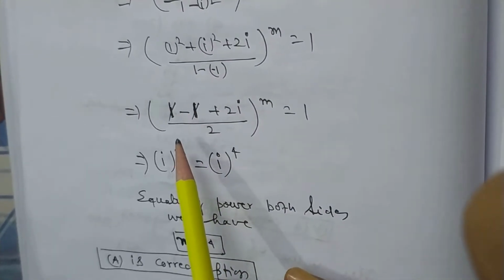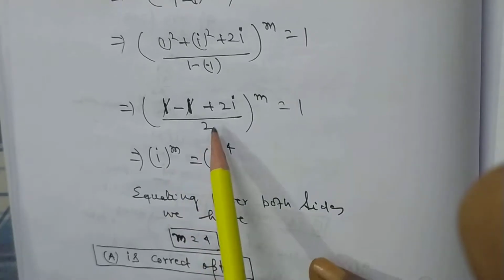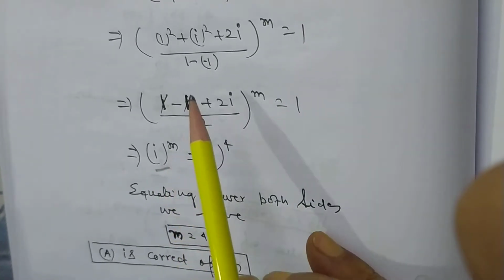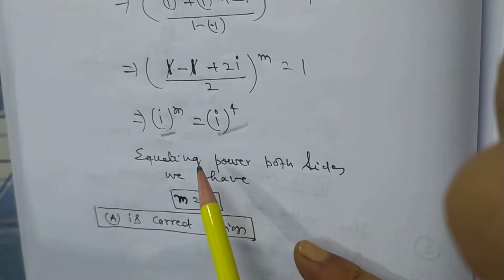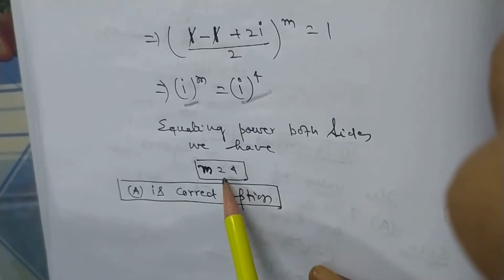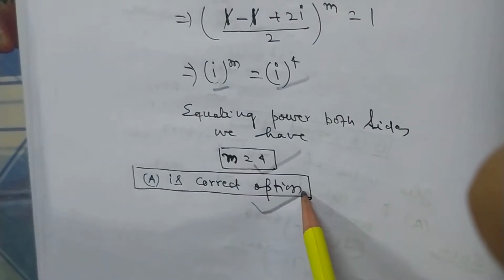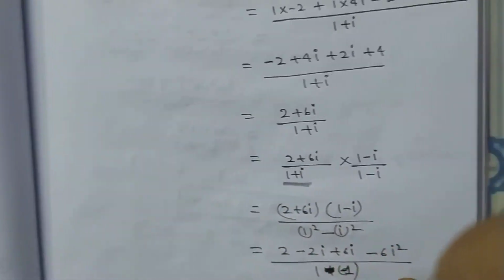It is 1 minus 1 plus 2i by 2, 2 goes out, i to the power m is equal to i to the power 4. Equating power both sides, we have m is equal to 4. So A is the correct option.